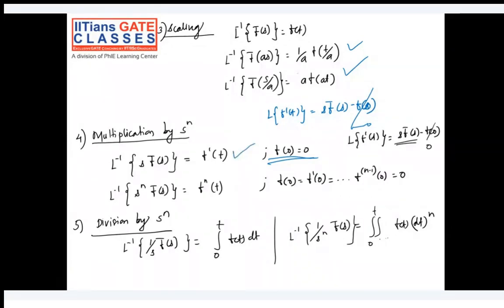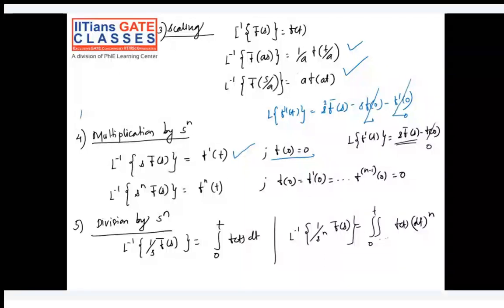Similarly, what is the Laplace transform of f double dash of t? It is s square f bar of s minus s f of 0 minus f dash of 0. So if f of 0 is 0 and f dash of 0 is also 0, then you can write the inverse Laplace transform of s square f bar of s as f double dash of t.